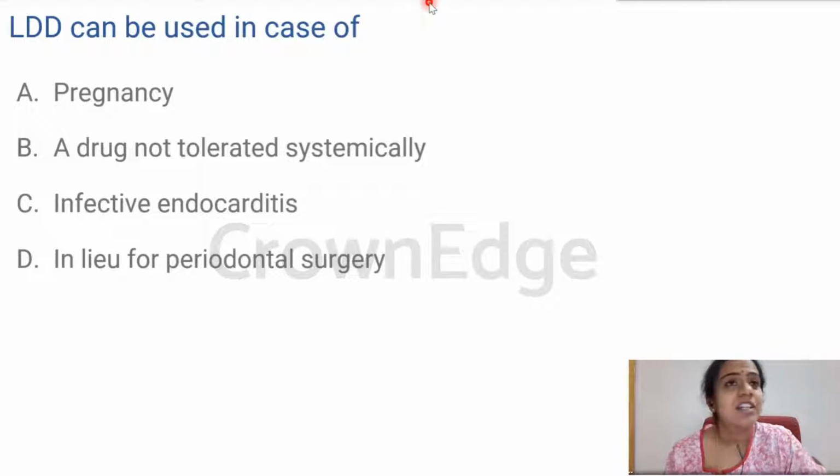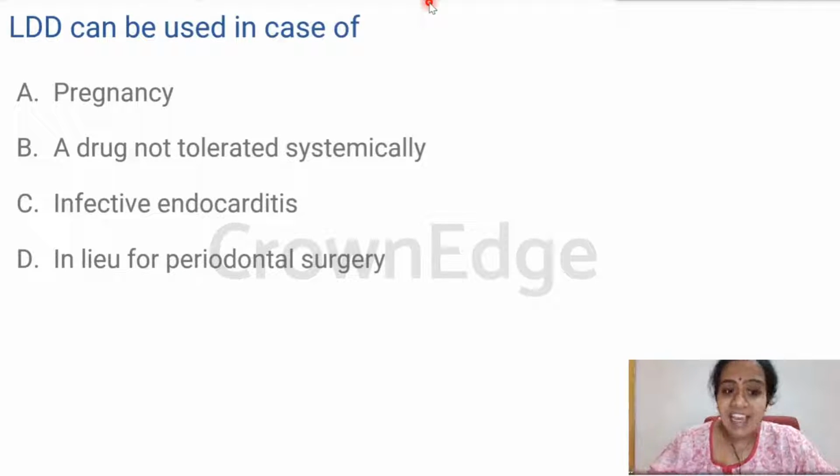It does not in any way replace or become a substitute for any of your mechanical procedures, not even scaling and root planing, right up to complex surgical procedures.